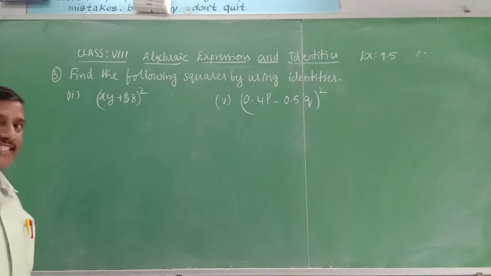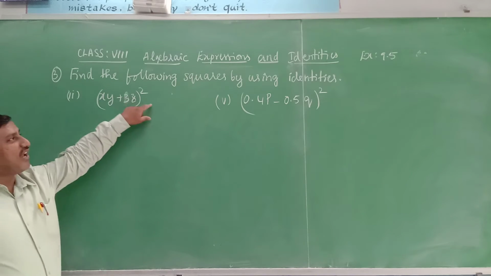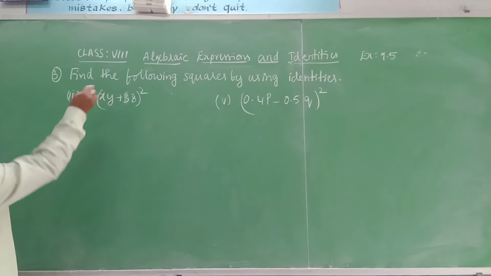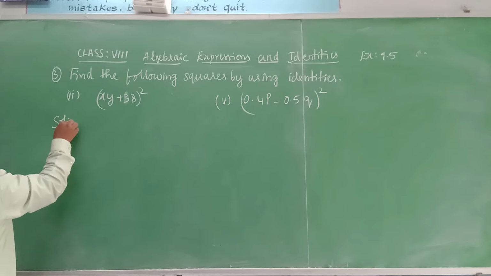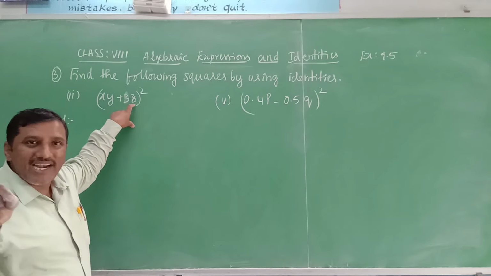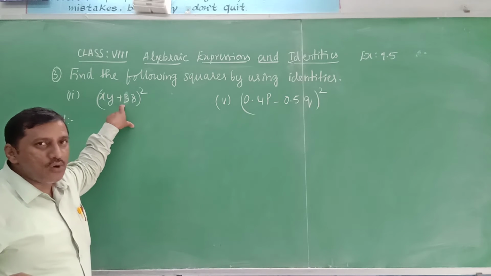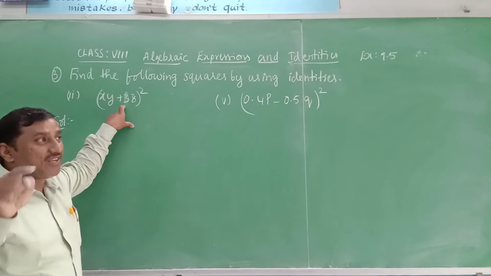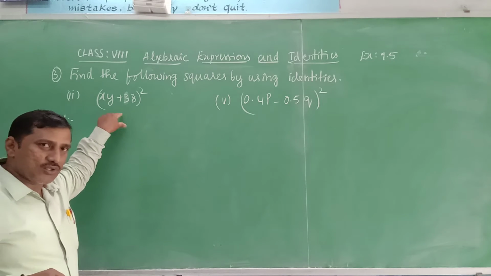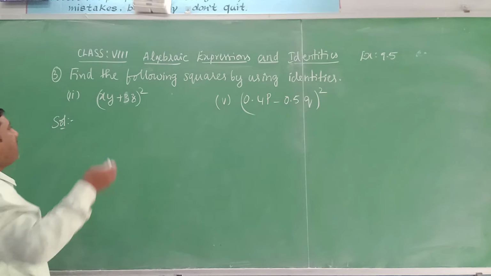Now see the third bit. Find the following squares by using identities. From that, the second one is xy plus 3z whole square. Can you identify, children, what identity we can use? Yes, exactly. The first identity, a plus b whole square is equal to a square plus 2ab plus b square.